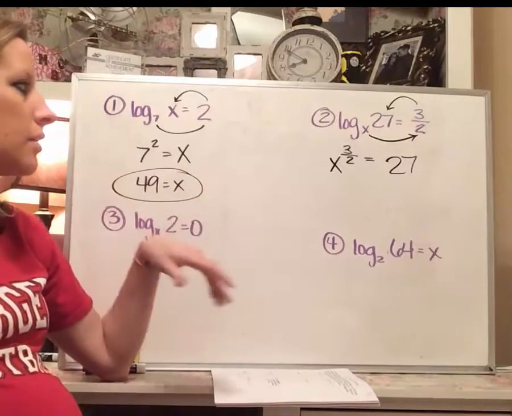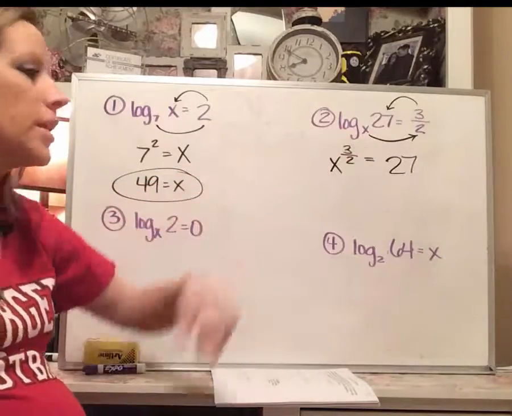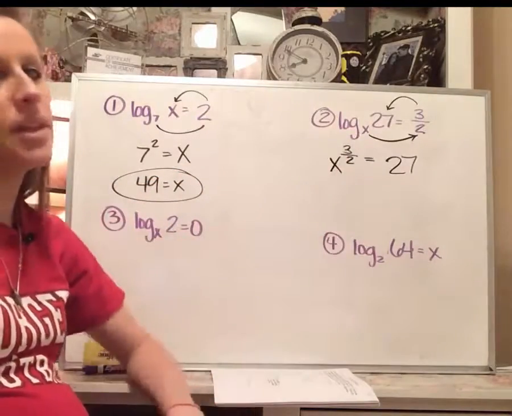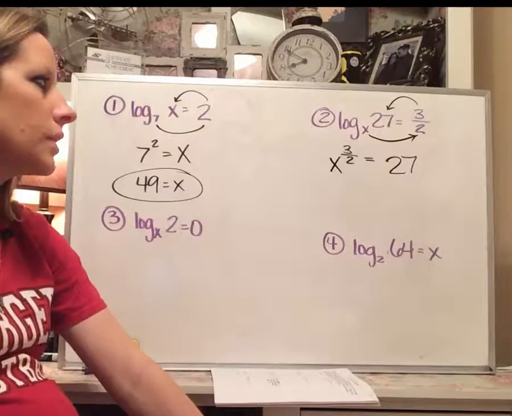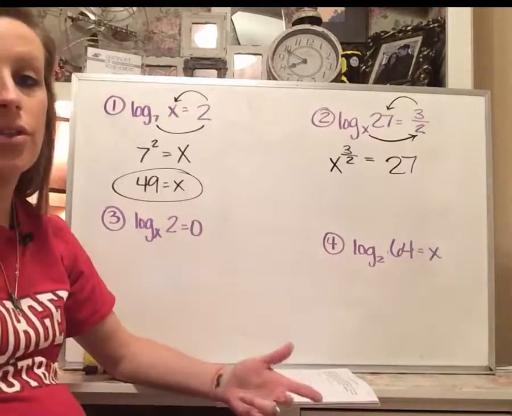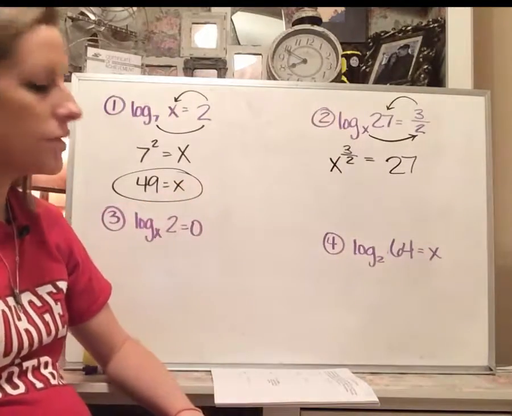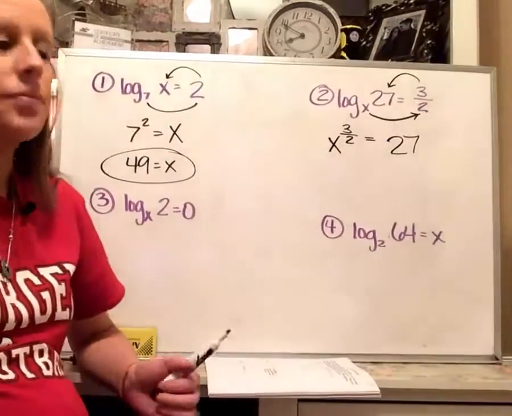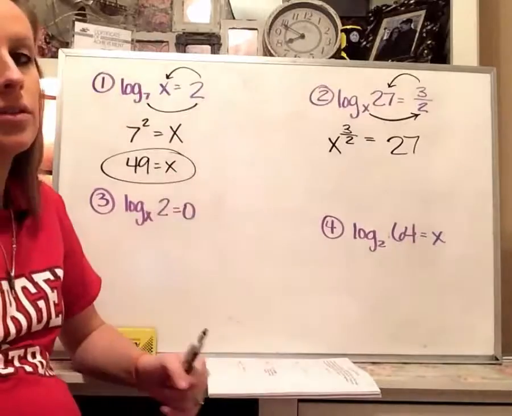So let's say you think, oh, well, it might be 2. So 2 caret 3/2, see if it gives you 27. And it doesn't. Next one, let's try 3. 3 caret to the 3/2 power. See what you get. Okay, so now put in 4 to the 3/2 power.